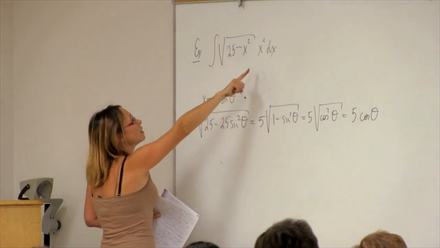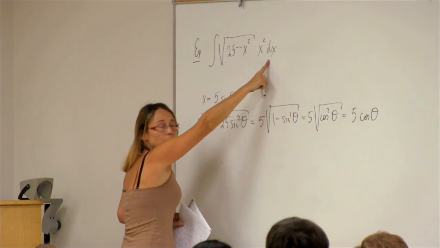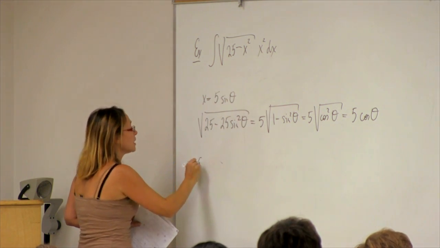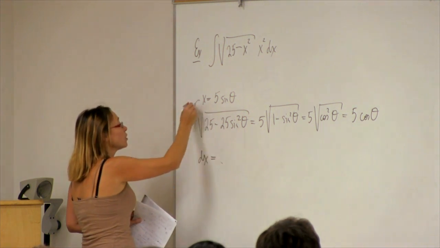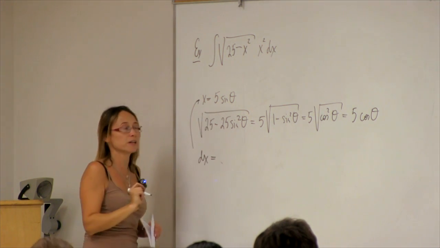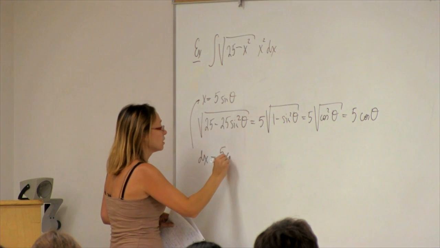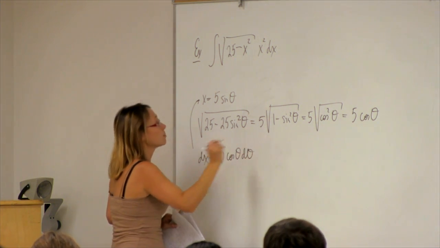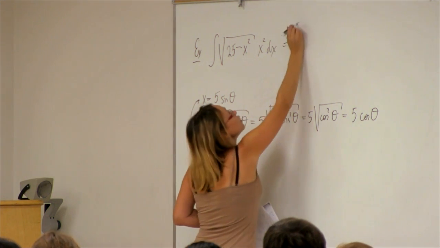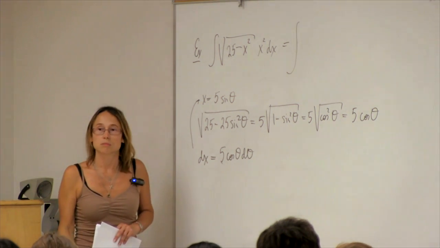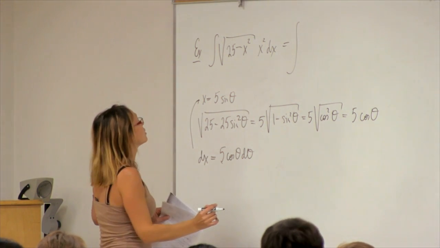So I have to take care of the differential. So what is dx? This is calculated simply from the definition of x. I have 5 cos theta d theta. And now I'm ready to perform the substitution and express everything in terms of theta.